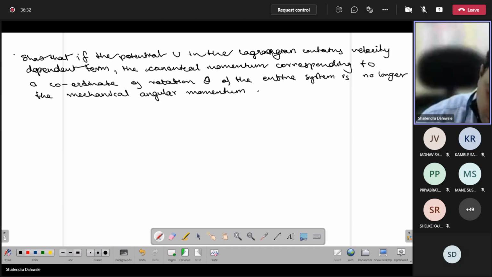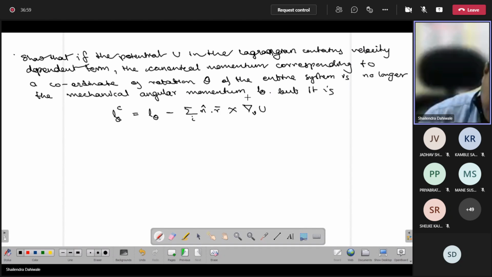Okay, so you can use that notation L theta. L theta canonical is actually L theta, your normal, minus summation over i of n cap dot r cross gradient of the velocity dependent term.